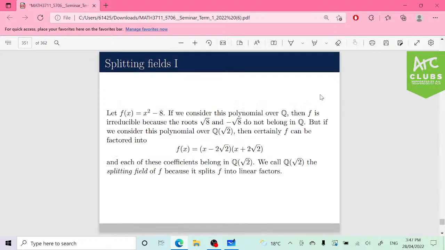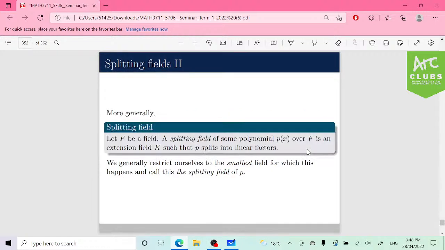So in this example, we looked at f being x squared minus 8, and we looked at the extension field Q root 2, where we saw that Q root 2 actually splits f into linear factors here. And we basically want to restrict ourselves to just the smallest field, and we call this the splitting field of p.